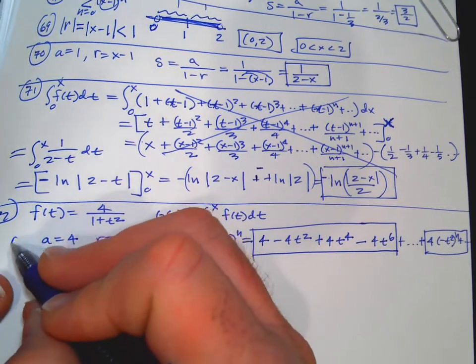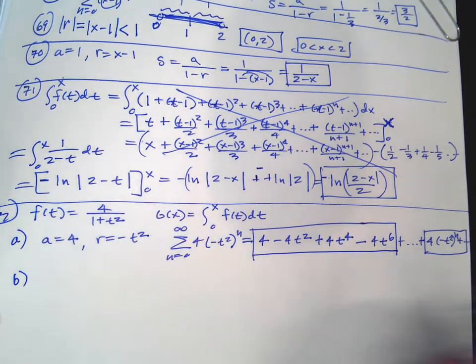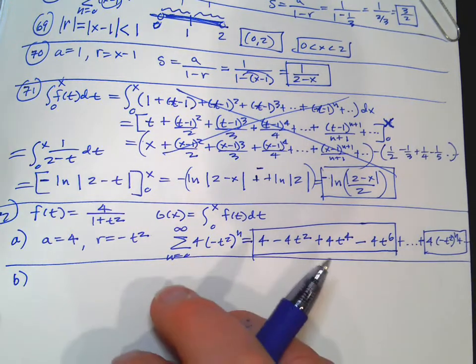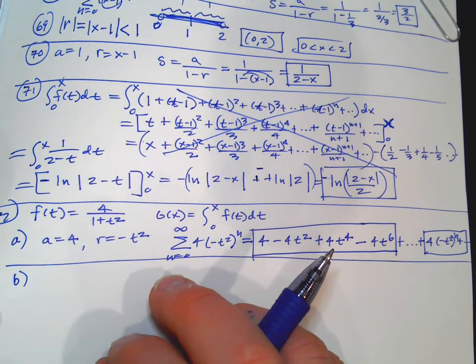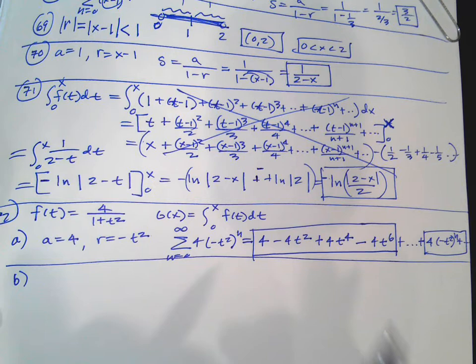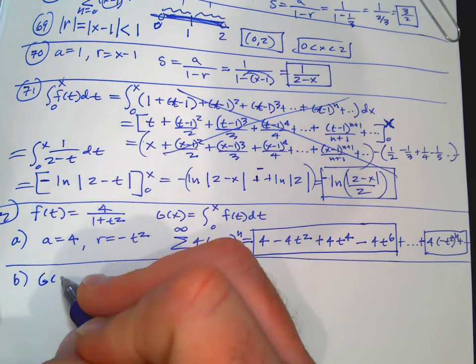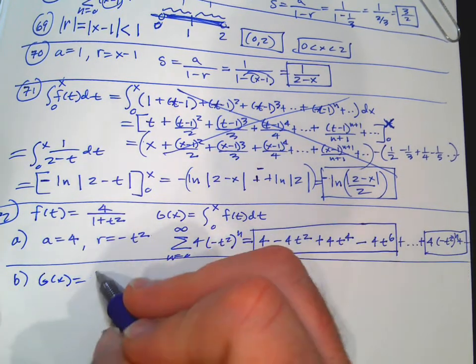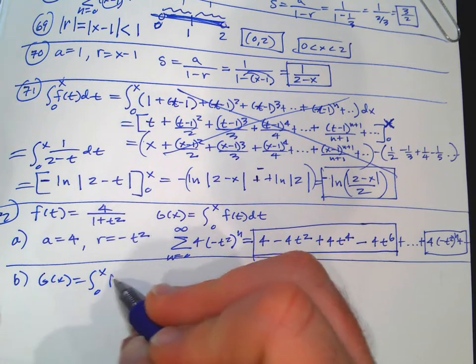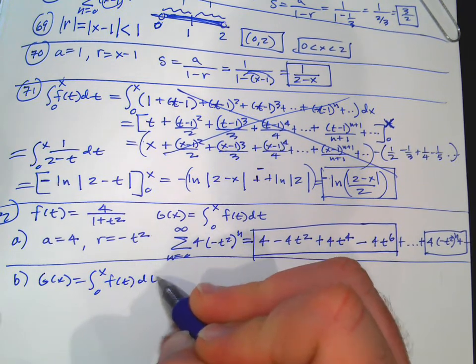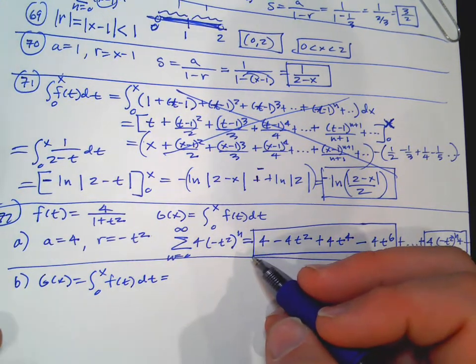So that was part A. Part B says find the first 4 non-zero terms and the general term for the power series of g of x. So remember, g of x is the integral of f of t dt.